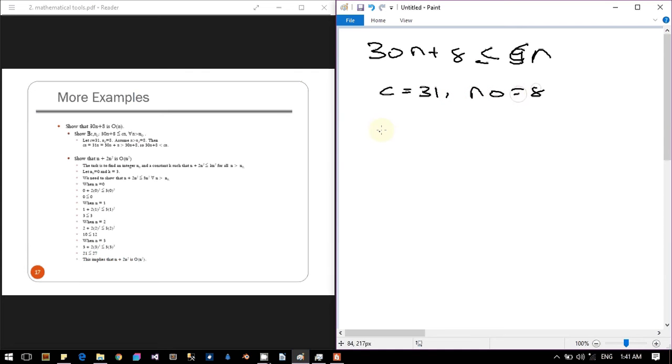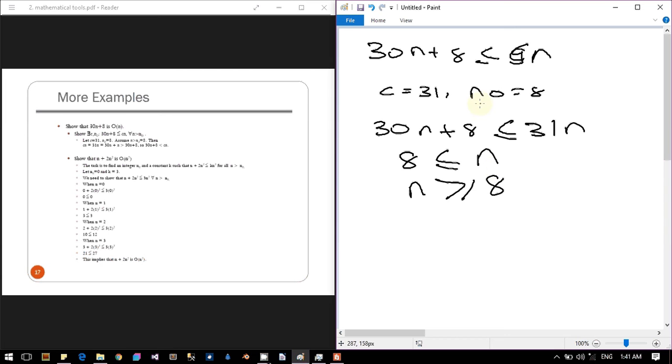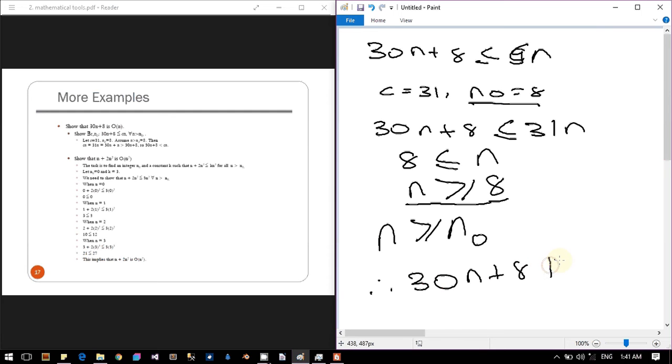That means 30n plus 8 is less than 31n. Bring this to the other side, 8 is less than n. That means n is greater than or equal to 8, which is the same thing here. We said that n has to be greater than or equal to n naught, and from here we see that n is greater than or equal to 8, meaning that of a truth, therefore 30n plus 8 is order n.